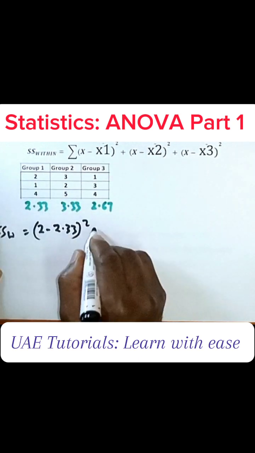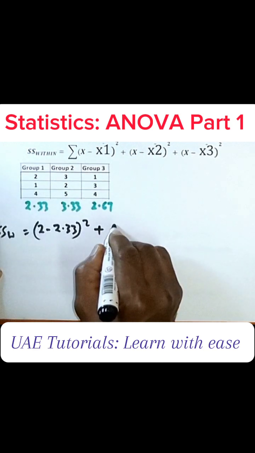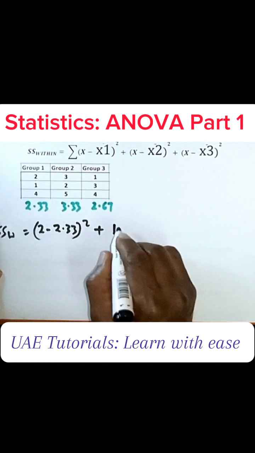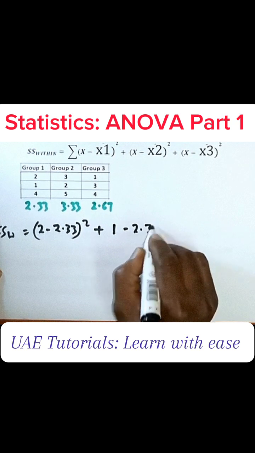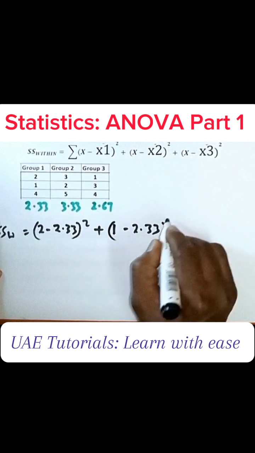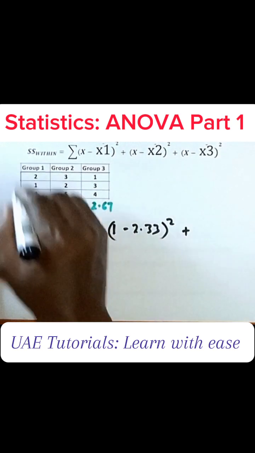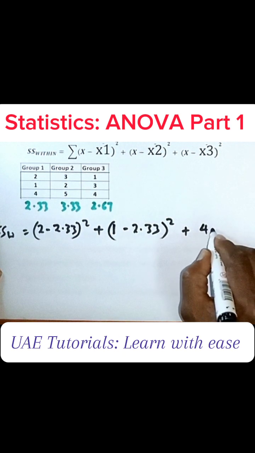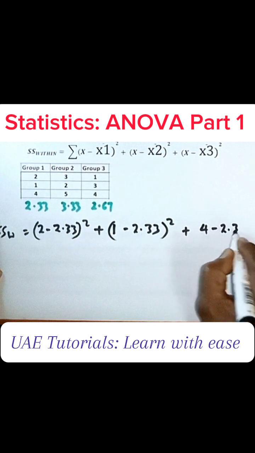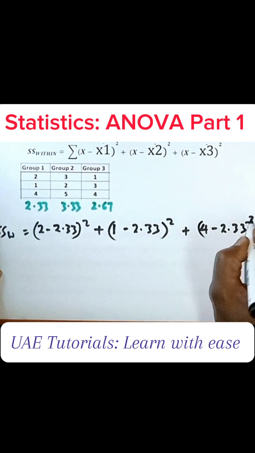You square it, plus 1 minus 2.33, you square it, plus 4 minus 2.33, you square it.